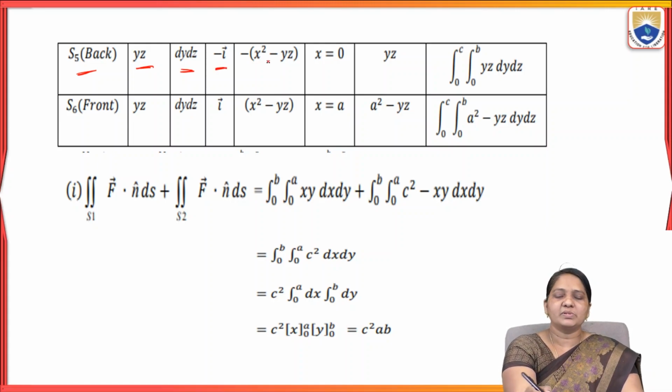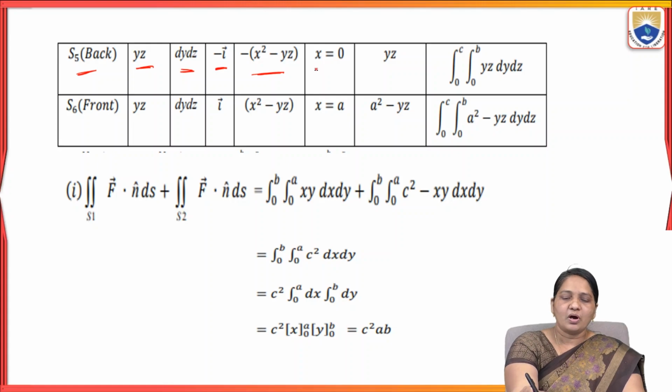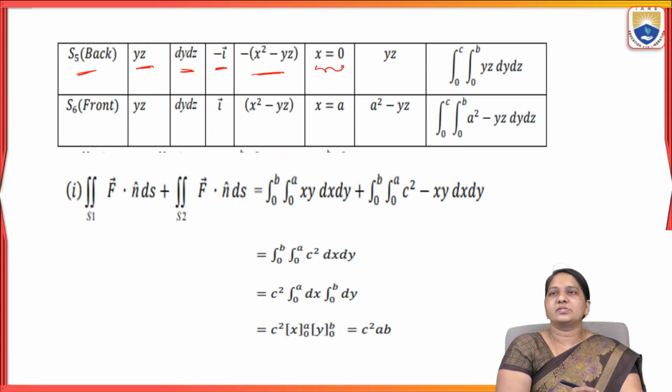Minus I bar gives the value minus x square minus yz when you do the dot product. On the YZ plane the x value is 0, so in place of x we replace 0. Finally we got yz dy dz. The y and z limits are 0 to b and 0 to c, yz dy dz.